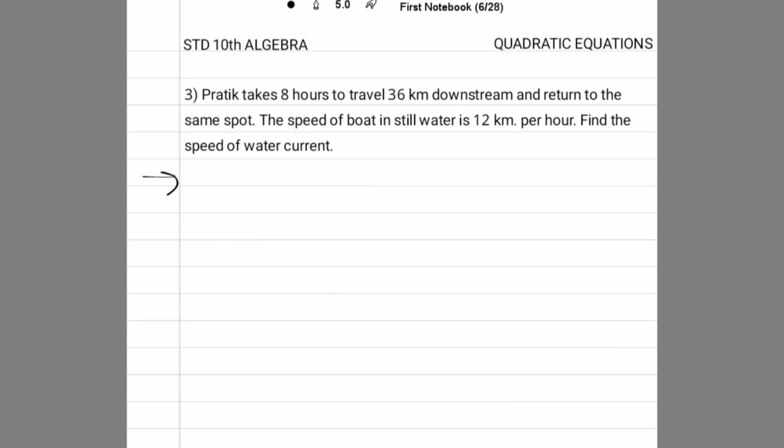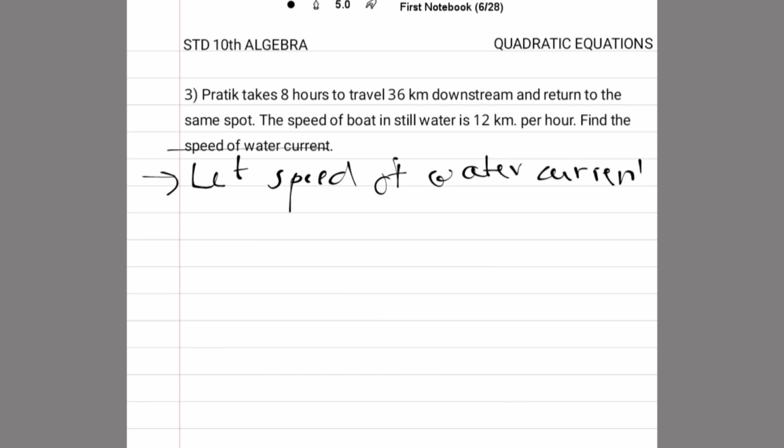Now what we have to find is the speed of the water current. So let's assume, let the speed of the water current be x kilometer per hour, right?